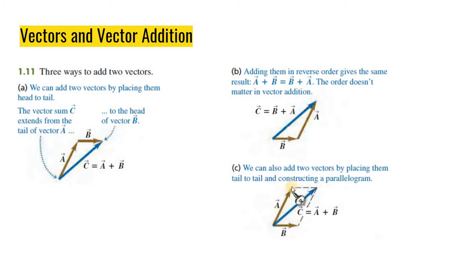This line here is parallel to vector B, and this broken line here is parallel to vector A. If you draw a parallelogram and then make a vector from the tails of vector A and vector B up to this corner, that is also the same as the resultant vector in figure B and in figure A. So vector C equals vector A plus vector B. Whatever process you use, you'll get the same resultant vector.